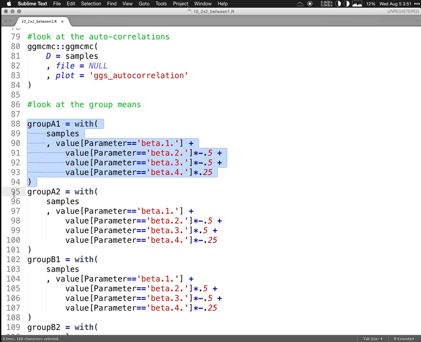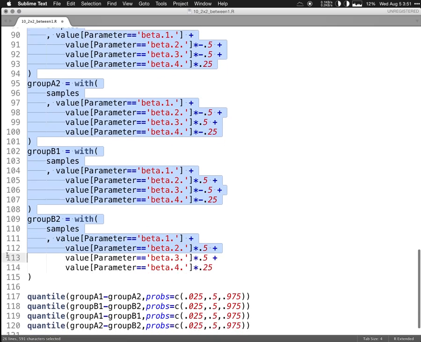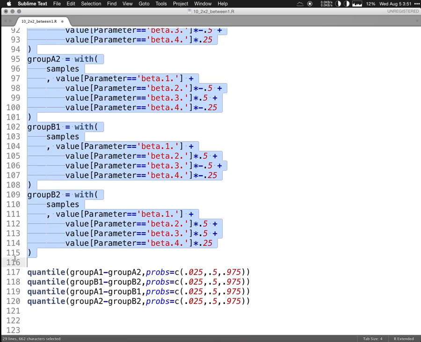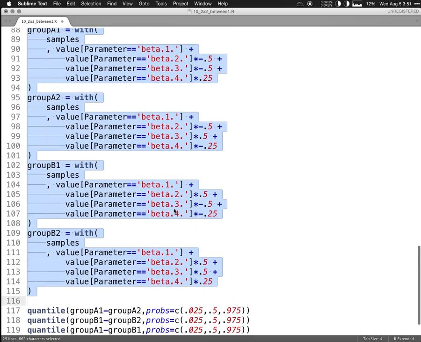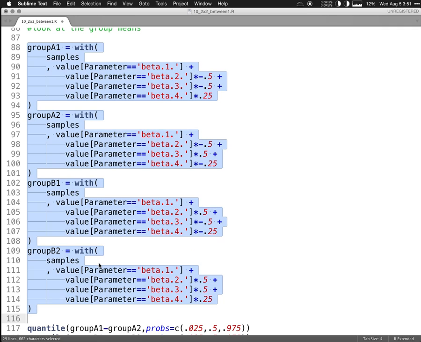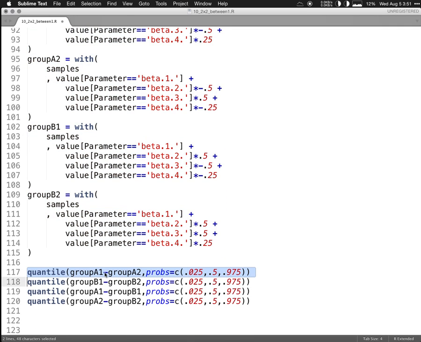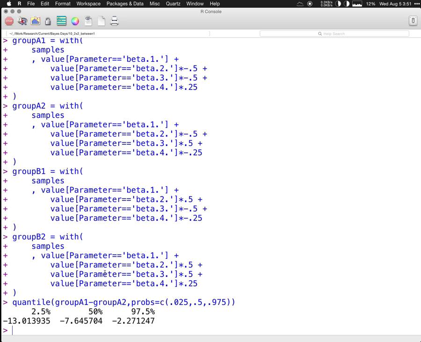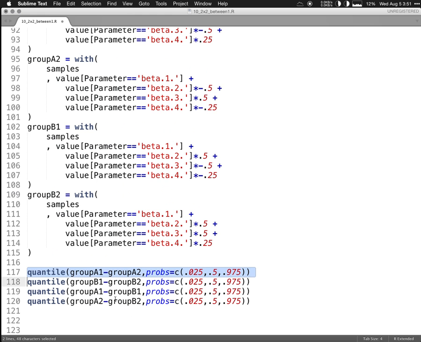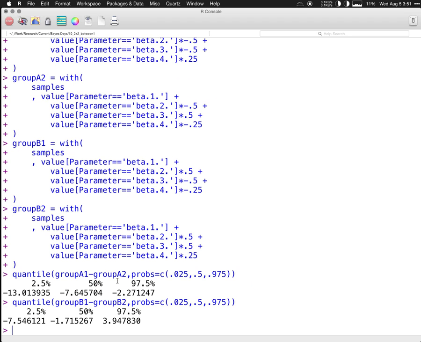So I think I did this a different way. Yeah. So this gets all those groups, so you can look at the confidence intervals associated with each comparison. So there's group A1 versus A2, group B1 versus B2.